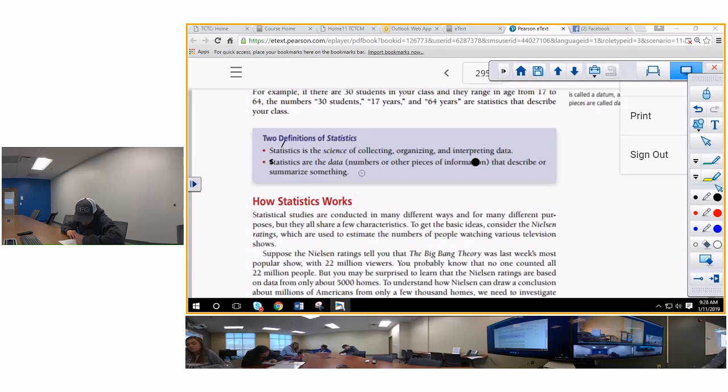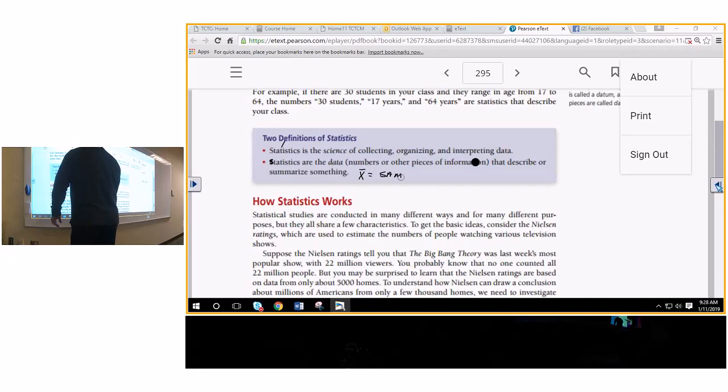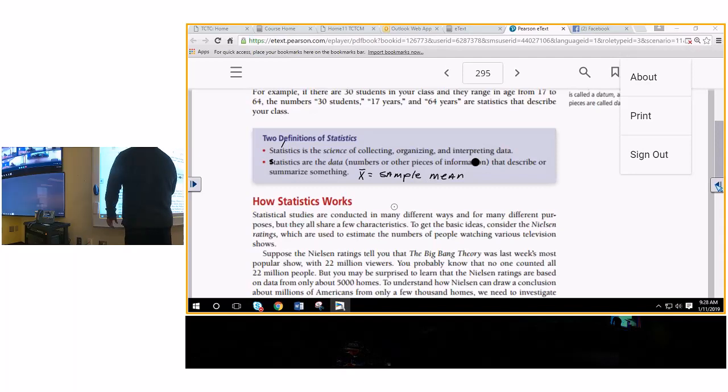X bar is equal to the sample mean, or the sample average. And s is equal to the sample standard deviation.